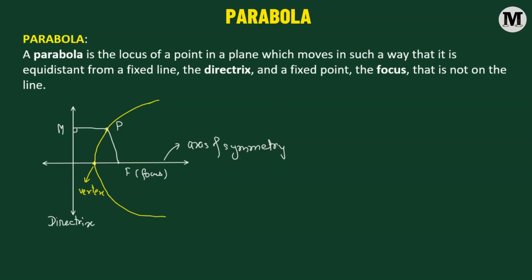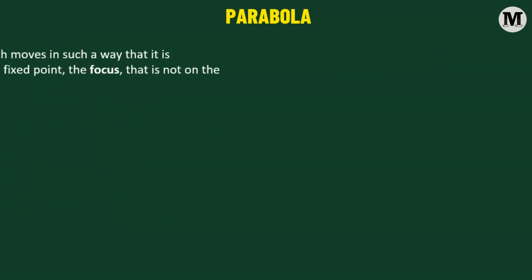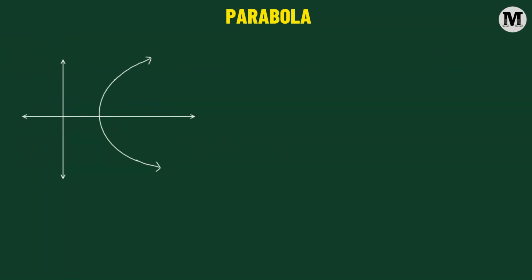So now that we have the understanding of what the directrix and the focus mean, what we'll try to do is derive the standard form of the equation of a parabola. In order to derive the standard form, we'll have to consider our coordinate axes. We have already defined the axis of symmetry. So let's say the axis of symmetry is coinciding with the x-axis.